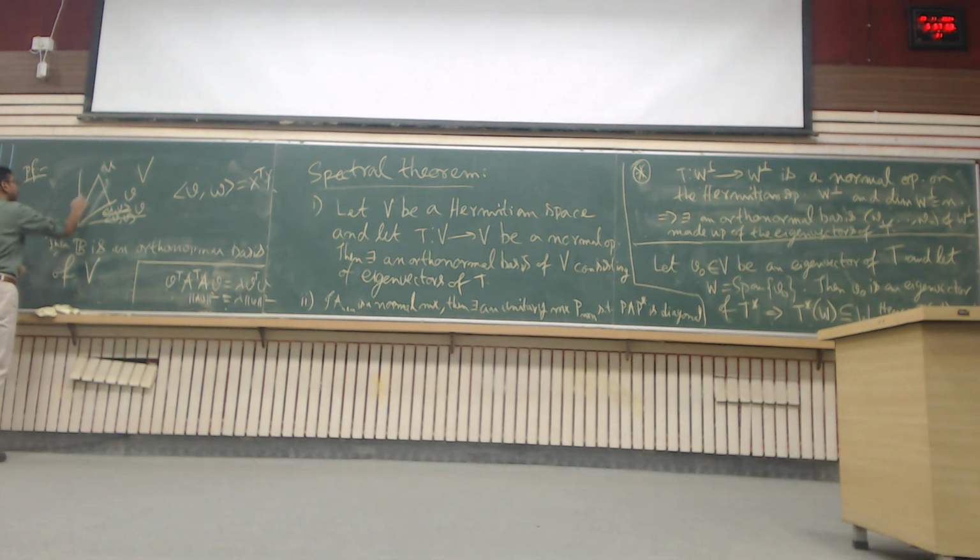So it's a right-angled triangle, and the length of the hypotenuse is larger than the length of any other side, right? So you have this squared, that is the length of U squared, is larger than <U,V> squared by norm V squared. You have the Cauchy theorem immediately from here.